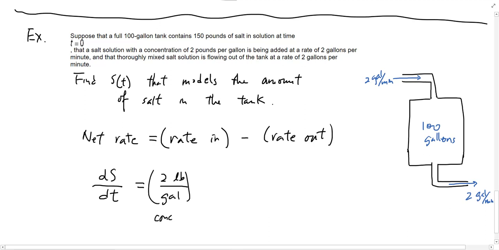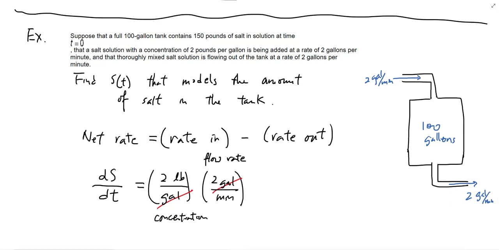This is our concentration. And then we have a flow rate of 2 gallons per minute. That is the flow rate. Multiply those two together, and the gallons cancel out, giving us pounds, which is the amount of salt, per minute, which is the time variable. So that is the rate of salt going into the tank.